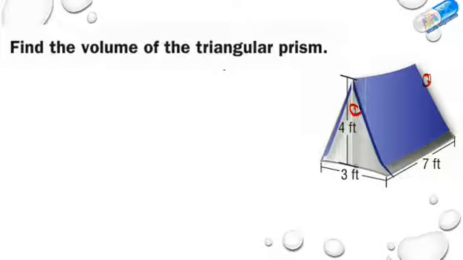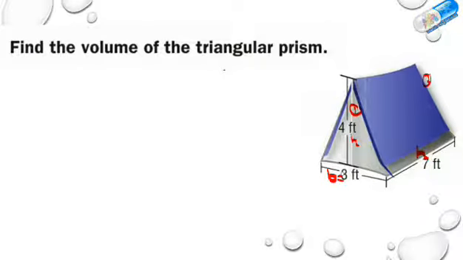Also there is a height, which is the line joining the two bases. So the height is 7 feet. And for this triangle, for the base, this is the base, B, and this is the height of the triangle in the base.